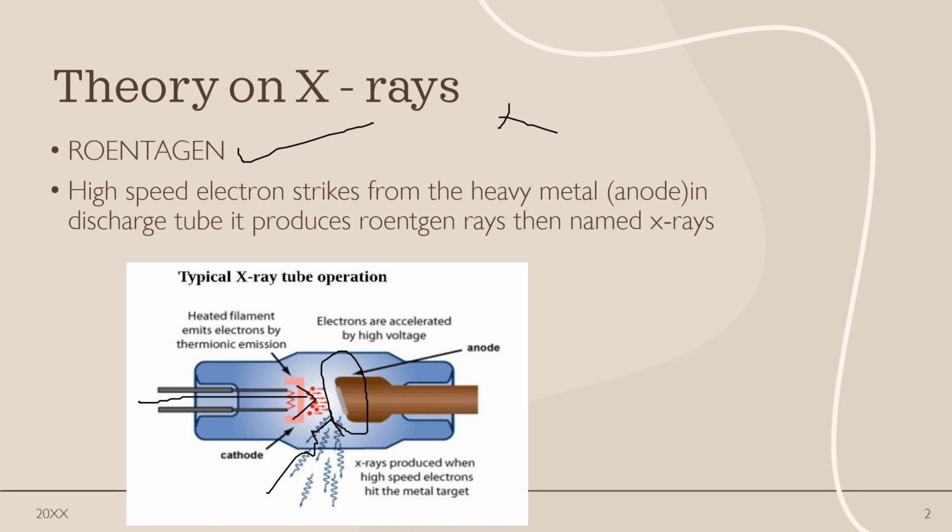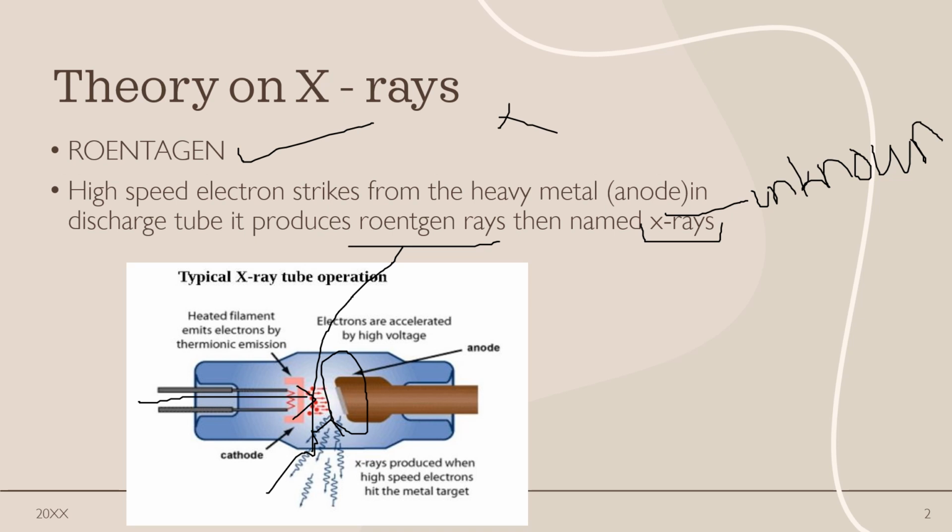He termed that radiation Roentgen rays, and later on these rays were named X-rays, because X means unknown. There is no identification, there are no known properties, it is an unknown ray.